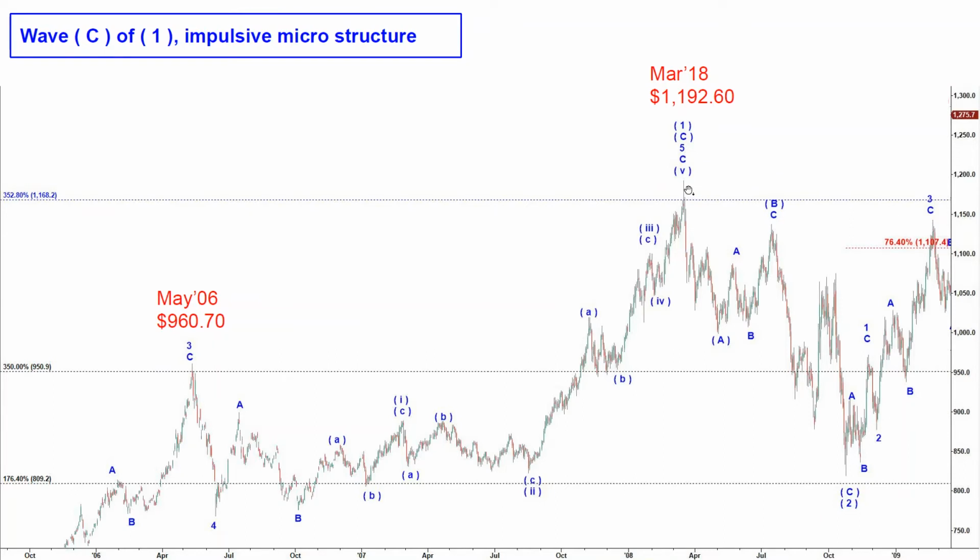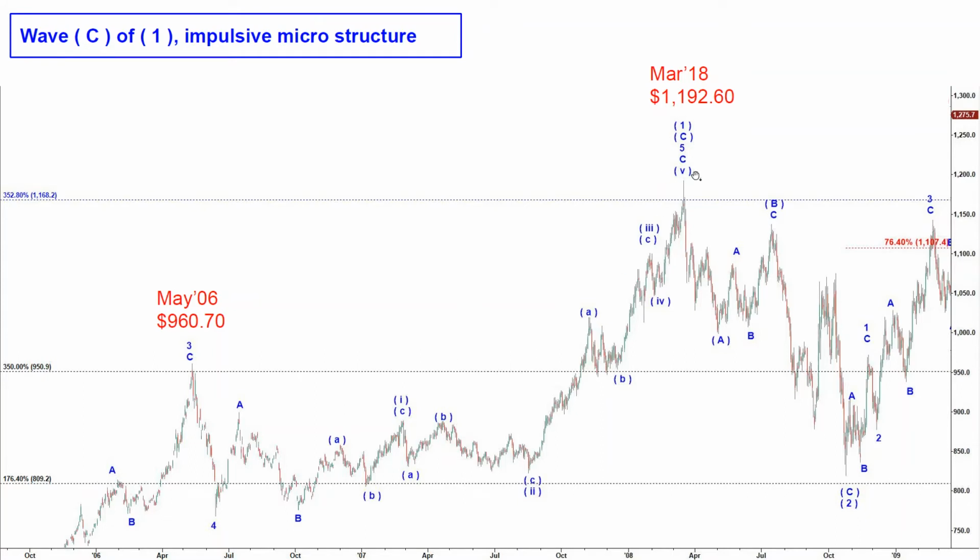So we completed the first parenthesis A, parenthesis B, parenthesis C fractal, which together comprise wave 1 up, which topped in March 2008. It's a typo, it's not 2018, it's 2008, at $1,192.60.